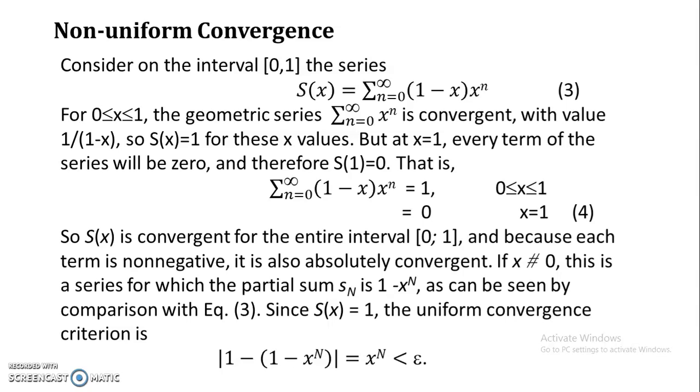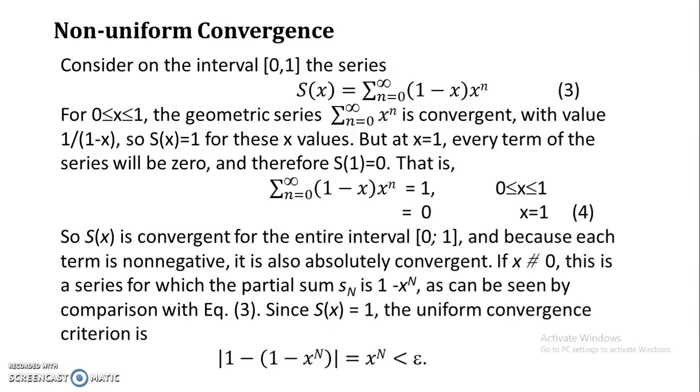So then we can say that it is uniformly convergent in the given interval [a, b]. What is non-uniform convergence? Now we consider the closed interval 0 to 1. The series, the function s of x, we consider is the series summation of (1 minus x) into x power n, as n runs from 0 to infinity.